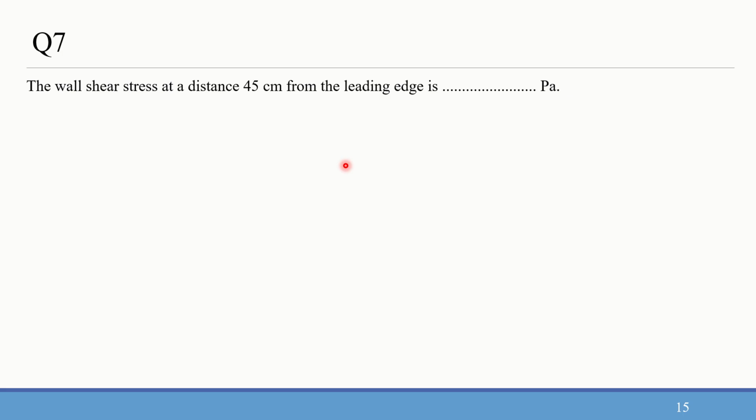So similar to how we did in the previous problem, we are going to do this. But what exactly is wall shear stress?